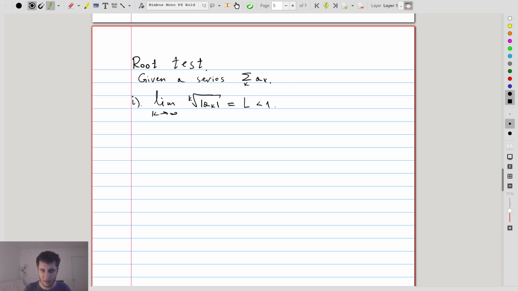So if this is the case, then the given series is absolutely convergent. Just like the ratio test, this test here only targets absolute convergence. It can only detect absolute convergence.